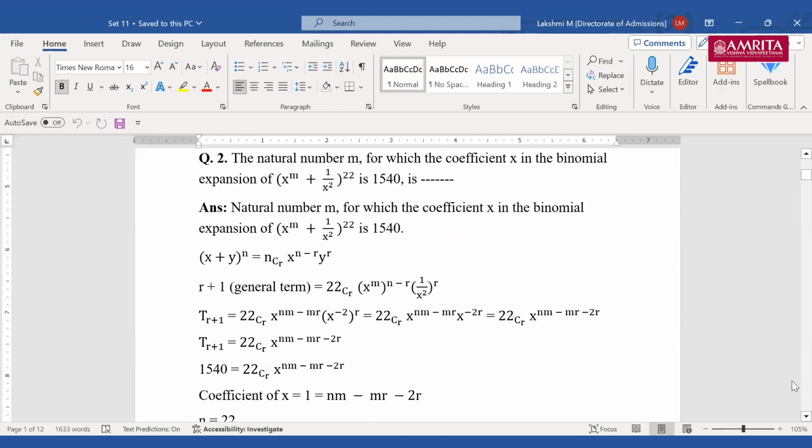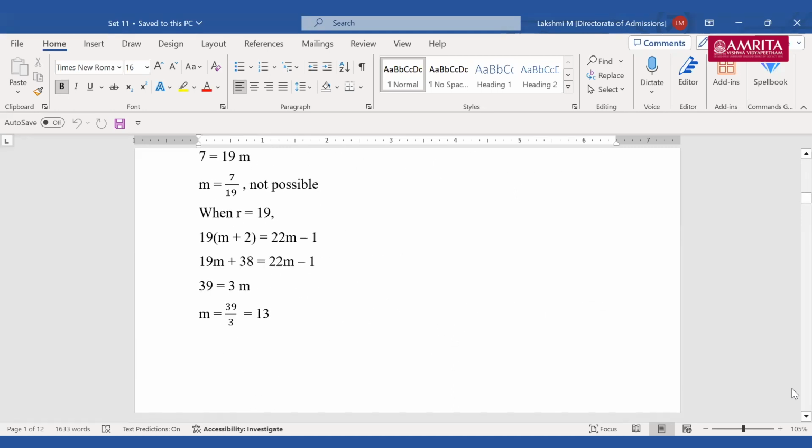Now the other possibility is I substituted the value of 19. If it's 19, I'm able to get the value of m as 13. So those students who gave me the answer of 13, it's completely true.